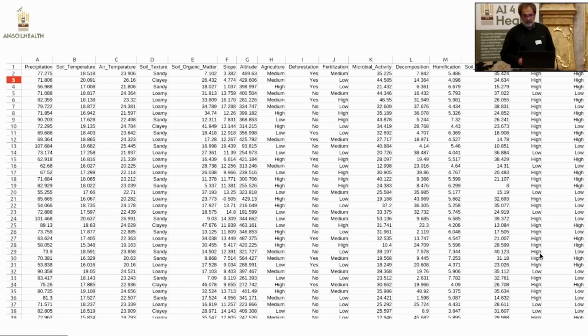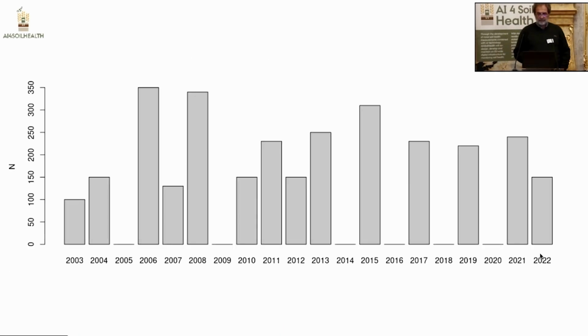Actually, the data came only from soils classified as sandy, clay, and loamy. That was data from different private companies that do official monitoring of soil quality in Croatia.